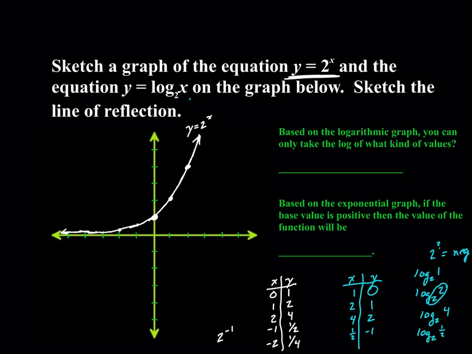All right. And likewise, we could use a fourth, which would be negative 2. So let's plot our points. We have (1, 0). We have (2, 1). (4, 2). (1/2, -1). And (1/4, -2).